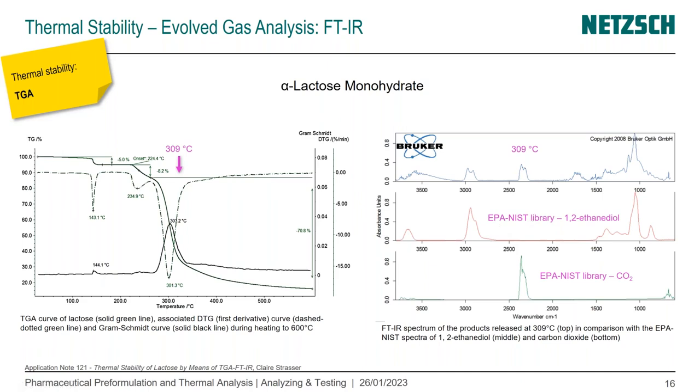We have probably the involvement of 1,2-ethanediol and also CO2. So using the FTIR spectroscopy gives us such an important view and can give some insights about the process, the chemical reactions that happen when we do have a TG curve. So it brings more information for our analysis.